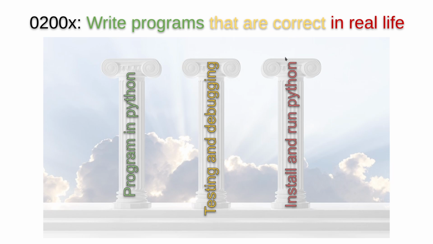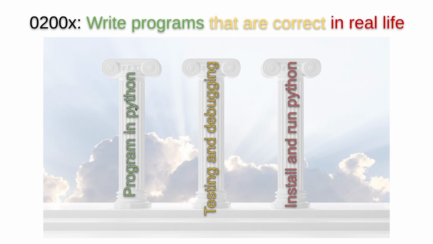Correctness is because you want to apply this to engineering, and in that case it's important that your programs are correct and work as expected, because otherwise it can potentially lead to very costly or dangerous situations. And real life is also important, because this is a skill we want you to take with you and be able to apply in your other courses and also in your private life, just to make your life easier by automating some tasks.